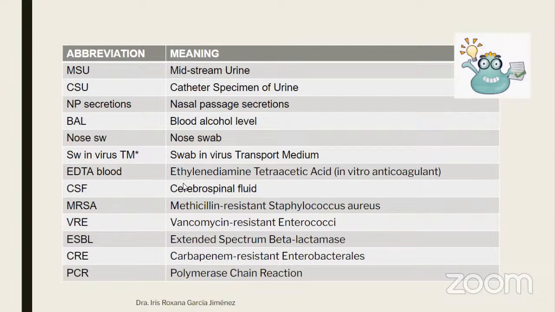EDTA blood, ethylenediaminetetraacetic acid, an in vitro anticoagulant, okay? CSF, we all know, cerebrospinal fluid. MRSA, methicillin-resistant Staphylococcus aureus. VRE, ESBL, CR, PCR, well, we all know about it. Check this information because this slide is so important. That's why we got our blue guy here.